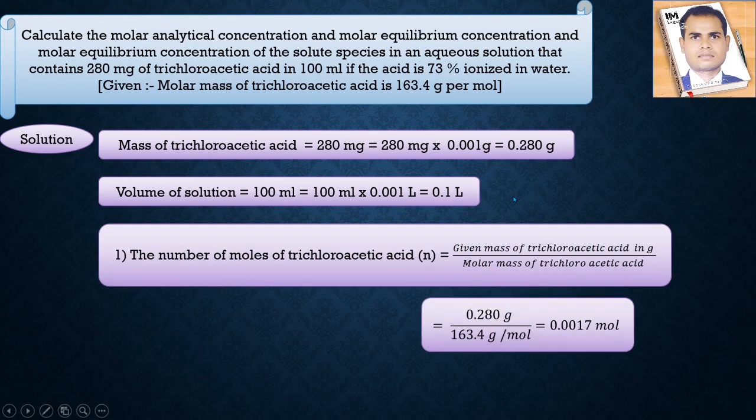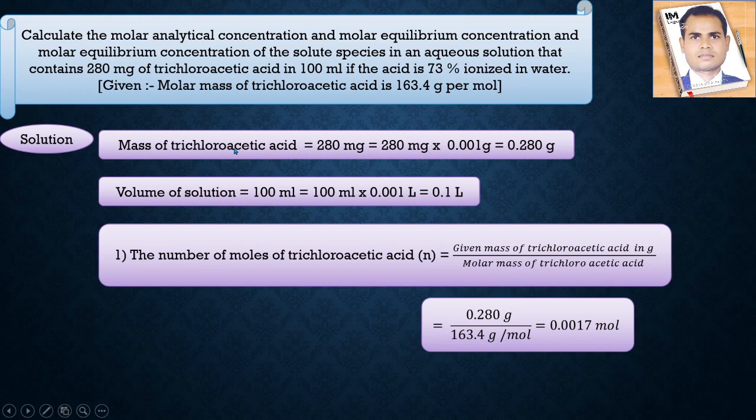Now first of all we have to calculate the number of moles of trichloroacetic acid, that is denoted by small n, and the formula is given for that: the given mass of trichloroacetic acid in gram divided by the molar mass of trichloroacetic acid, and you have to put in both values.